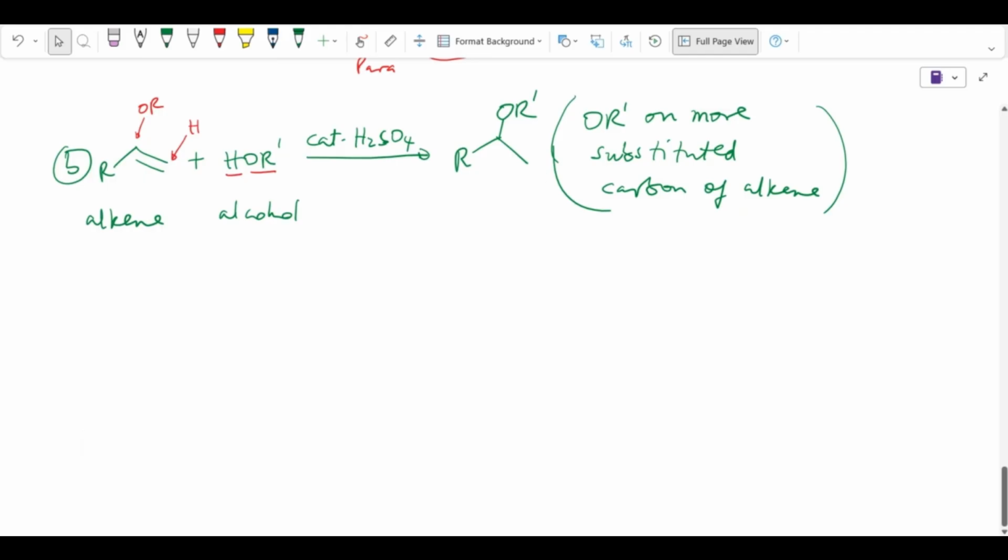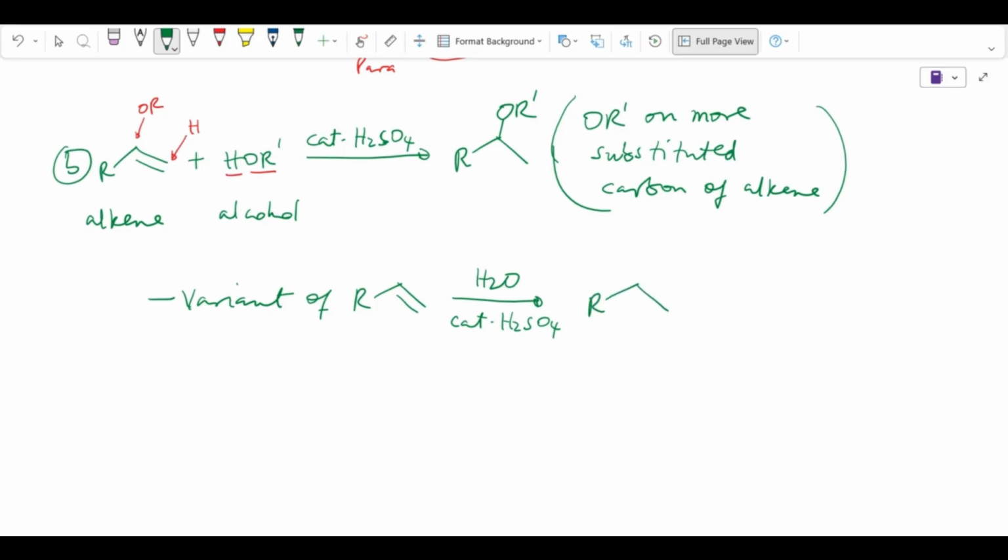Like I mentioned just now, this reaction is a variant of the reaction involving alkene, water, and catalytic sulfuric acid. We learned this reaction a couple of lectures ago, in which we break the pi bond and attach hydrogen to the less substituted carbon and OH to the more substituted carbon.